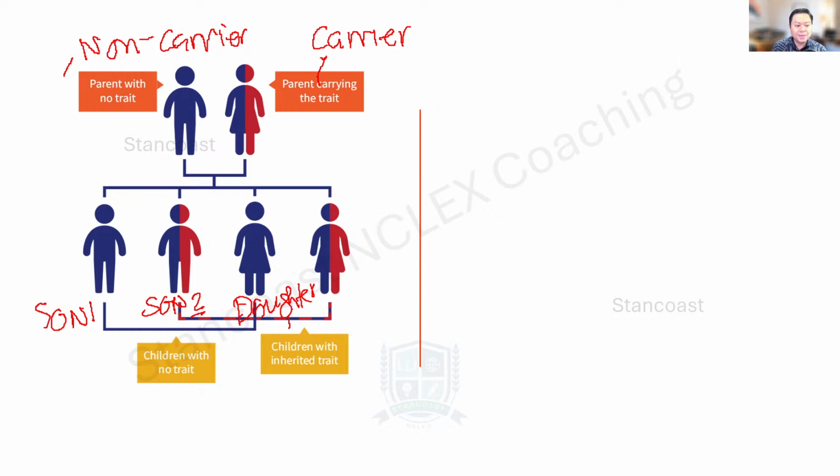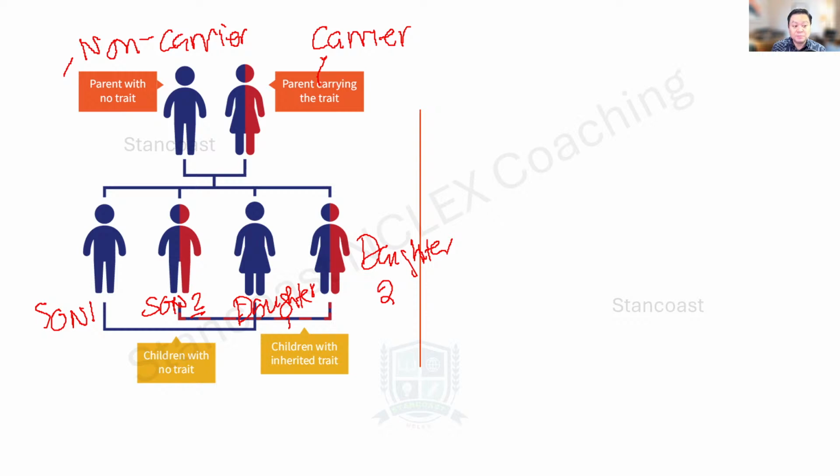Now, talking about daughter number 2 here. Daughter number 2. And look at this. She got the good gene from the father. However, she inherited the bad gene from the mother. And so she's actually going to inherit the sickle cell trait.